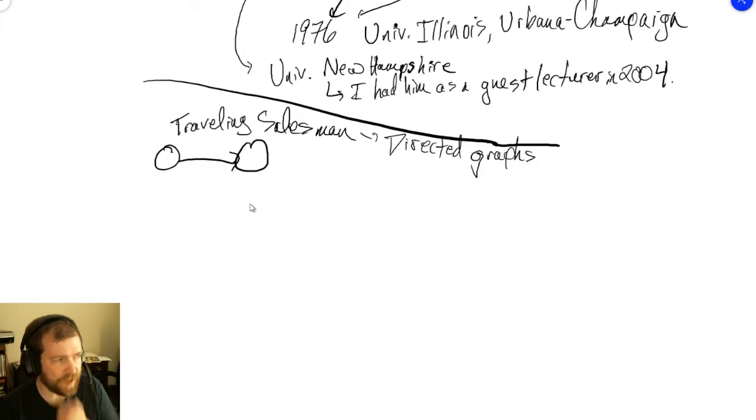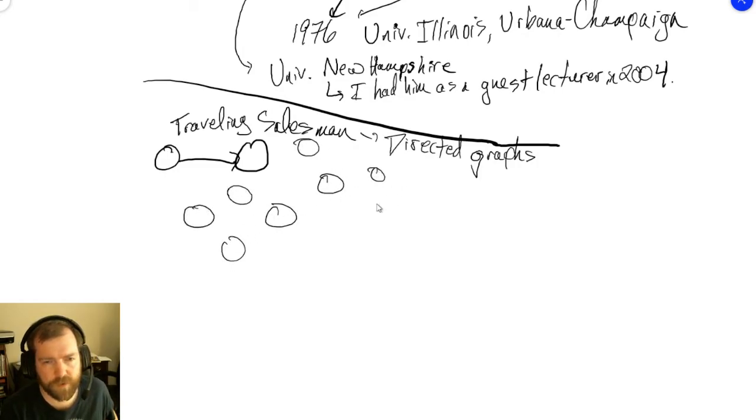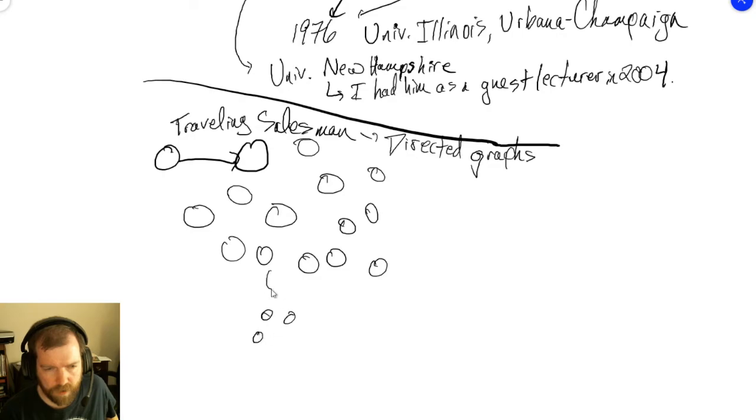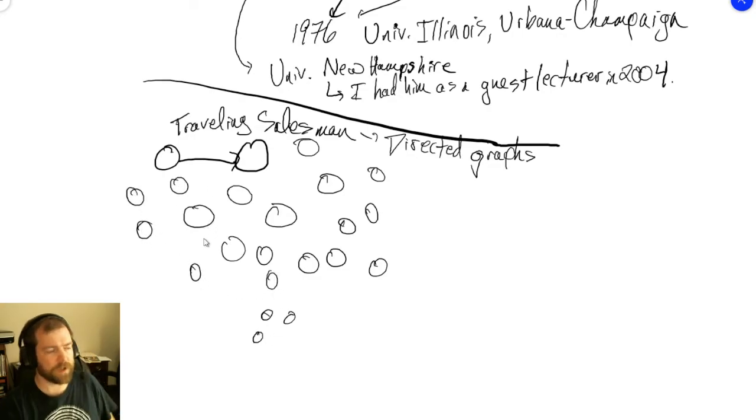What happens with the traveling salesman problem is you have a whole bunch of nodes throughout an entire map. And there's not necessarily any particular arrangement of them.